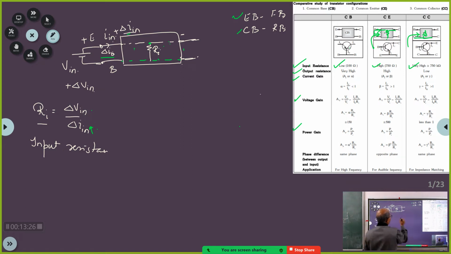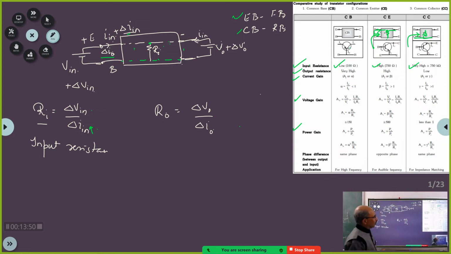But just to get an idea of what is output resistance, if at all you connect a source here, say V source, and if this changes by delta V, what is the amount of current that it changes? So a measure of this delta V, I call it as VO, delta VO by delta I changes. Okay, that is what you call it.